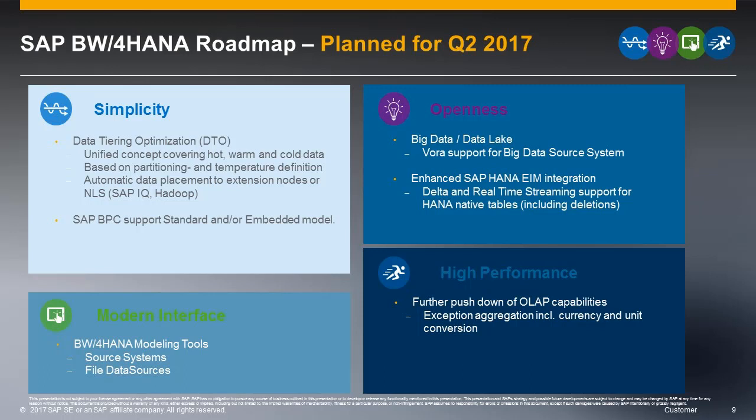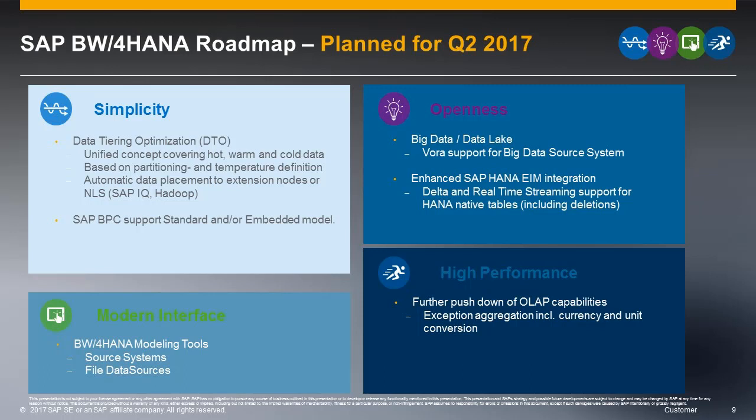I mentioned Hadoop. Openness, we will have support for big data and further EIM integration. So now we'll be able to stream. I mentioned the delta capabilities in Q4, and now this ties in with the streaming.